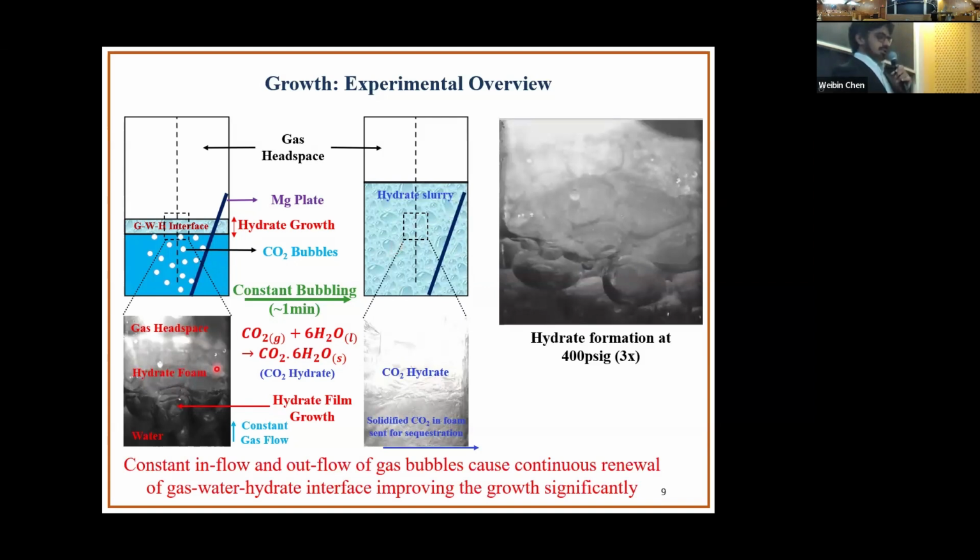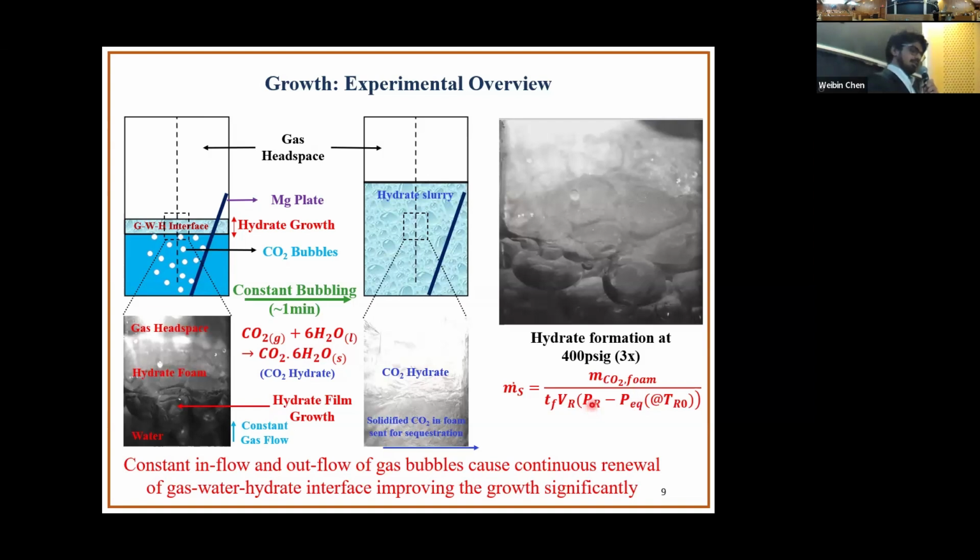We believe that the constant inflow and outflow of gas bubbles and the continuous renewal of this gas-water interface is what is improving this growth significantly. To measure this growth rate, we coined the term sequestration rate, which is the mass of CO2 inside the hydrate form, divided by the time that hydrate formation was occurring, the volume of the reactor for scalability purposes, and then a pressure-driving term for operational condition purposes.